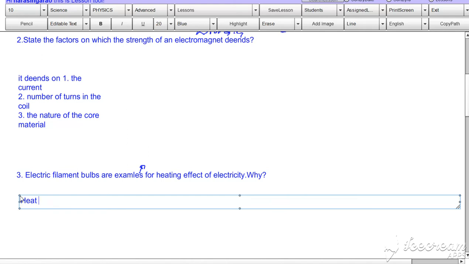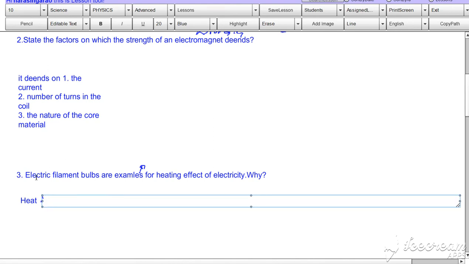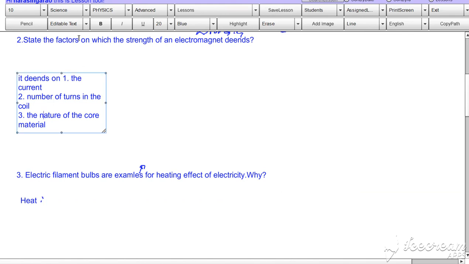Let me use my pen tool instead. It's another typical error and not a big issue. Heat produced is the only part of the question I have to change.